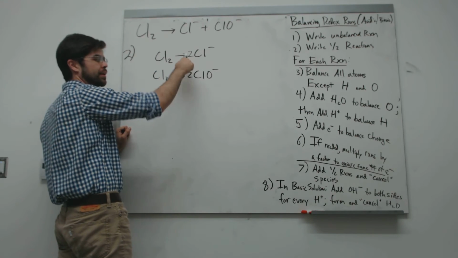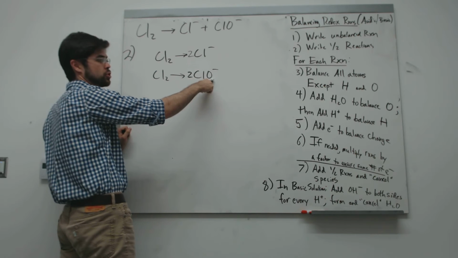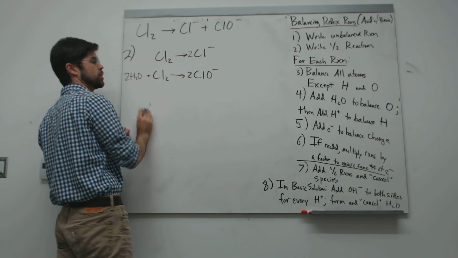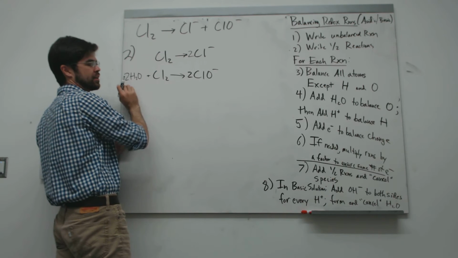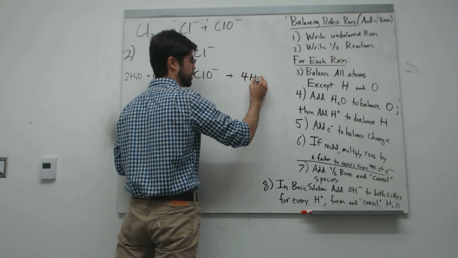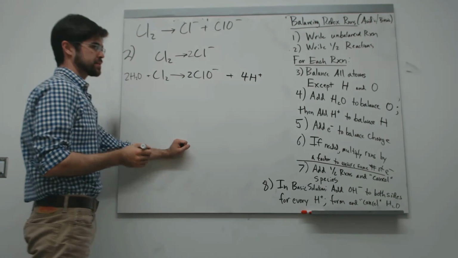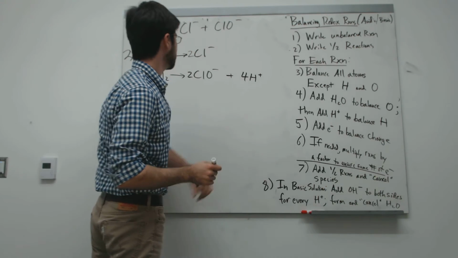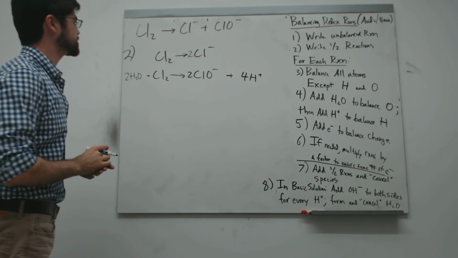Don't need to do that here. I do need to do that here. I've got 2 oxygens over there, so I'll add 2 water molecules over here. Now I've added 4 hydrogens, so I will balance that out by adding 4 hydrogen ions.